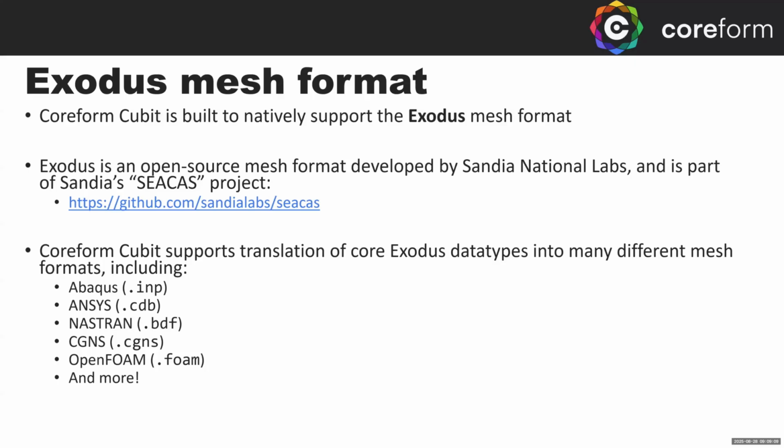And then Coreform Cubit also supports translating some of these core data types that we'll talk about on the next slide into different mesh formats such as Abaqus, ANSYS, Nastran, OpenFOAM, and more. If you have mesh formats that aren't included that are important to you, feel free to let us know on our forum or via email.